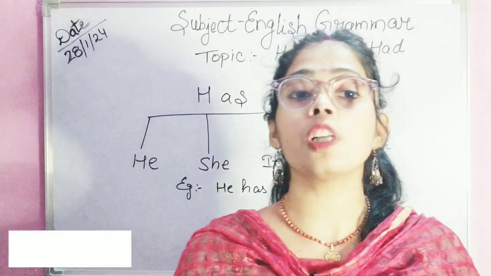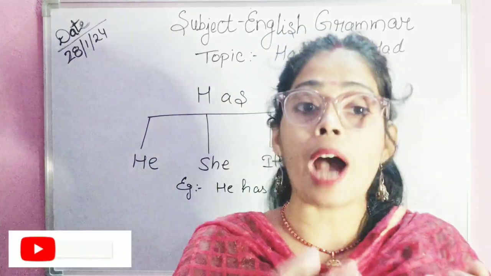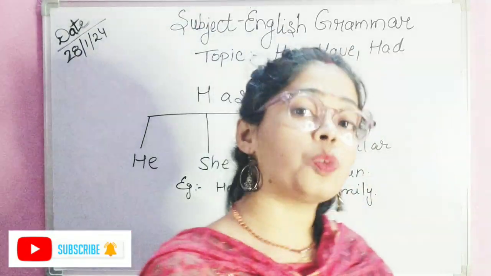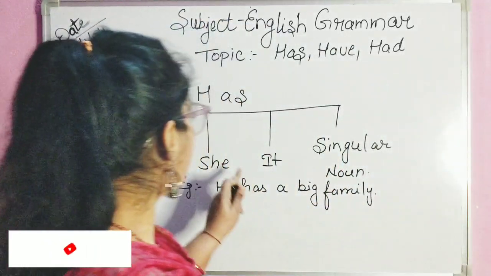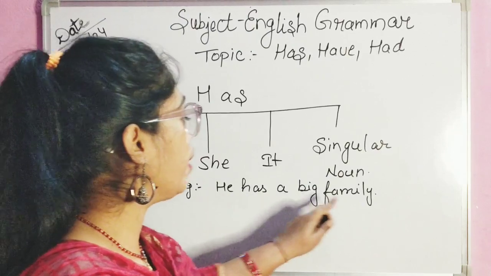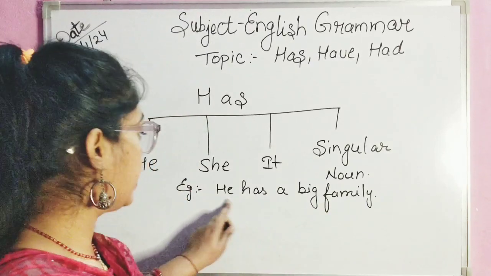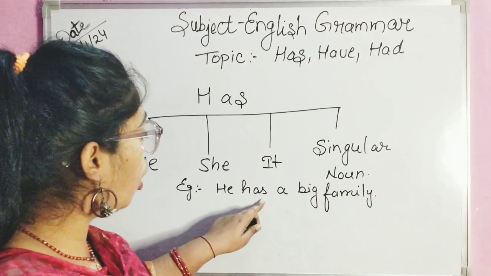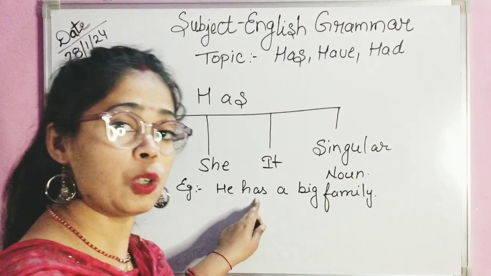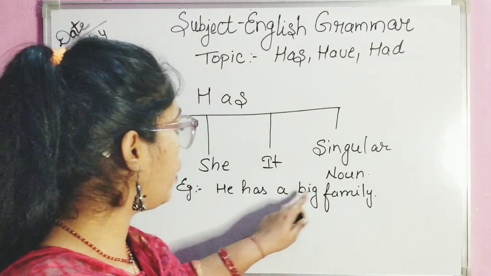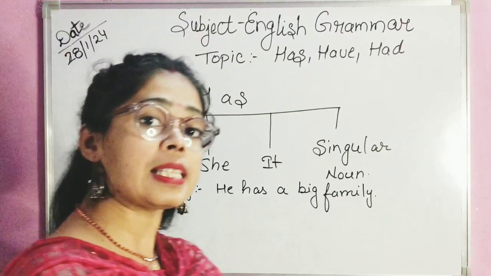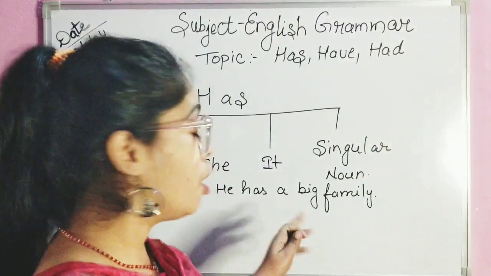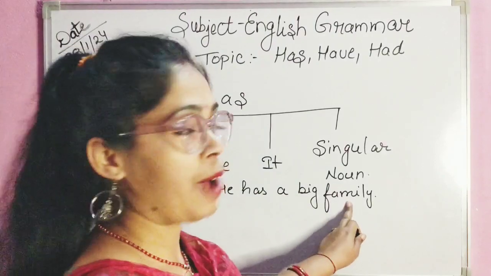Possession means any belonging, things that you have. So, he has a big family. Here he is singular, and we always use has. He has a big family. Here we say he has a big family, that is a possession.